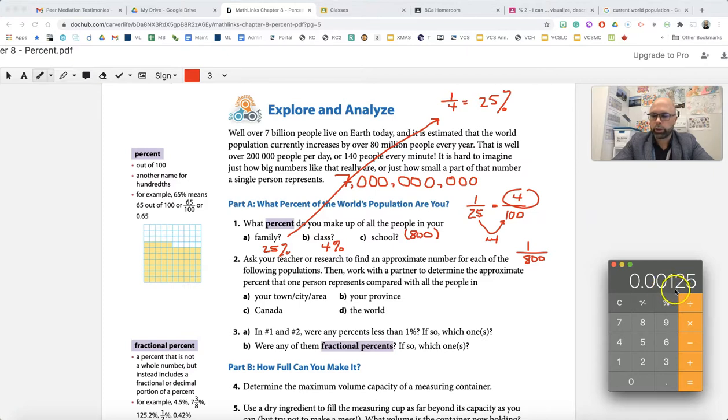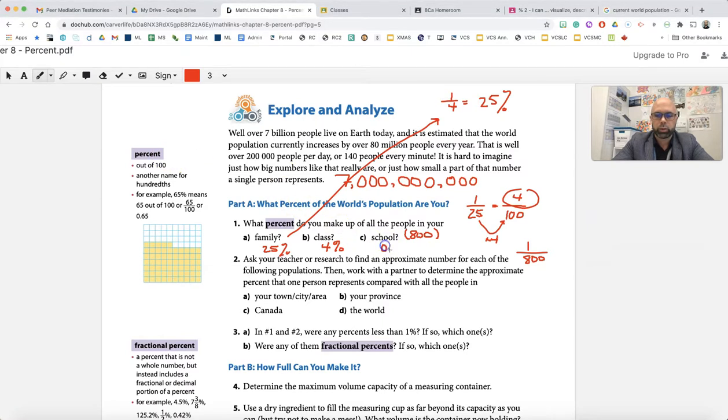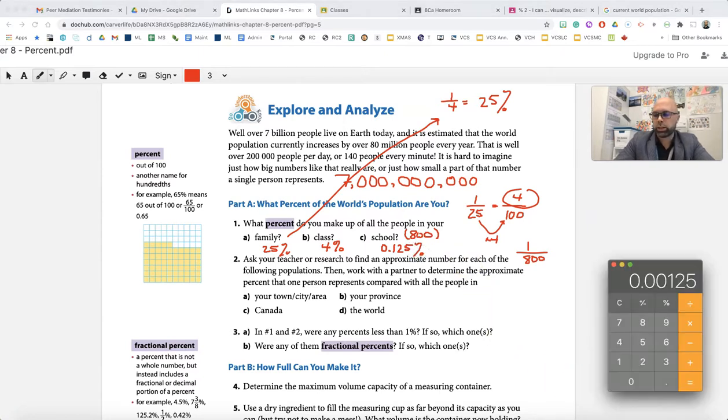Yes, 0.125. I want to make sure I'm saying that correctly. 0, because it's not even 1%, 0.125%. Now, notice what I did there. If this place value was occupied by a 1, we would say 1%, no decimal, but it's not.